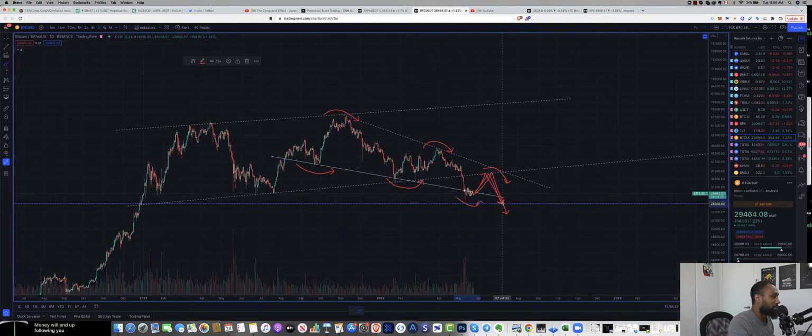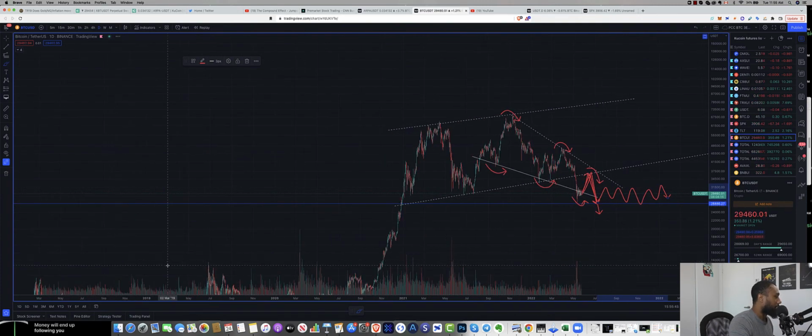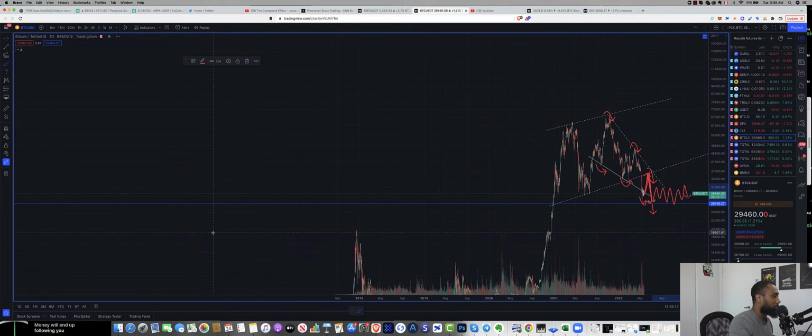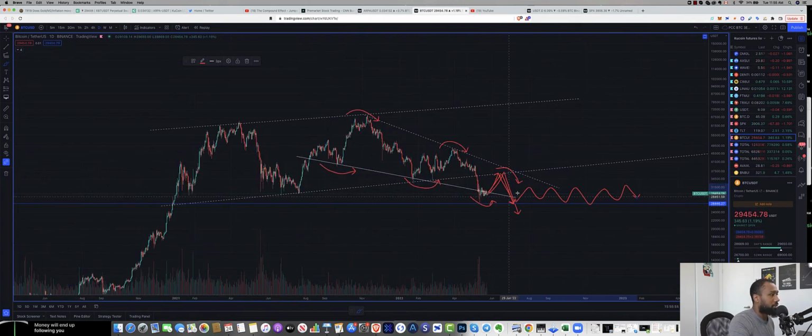And then we just continue our zigzagging down until the next bull cycle. We could hit here and maybe be consolidating, just consolidate like this. Anything's possible, but I don't think we're going to break our lows of 19,700, or about 20k. But anything's possible, right? So we could just be consolidating here for a year before the next bull cycle.